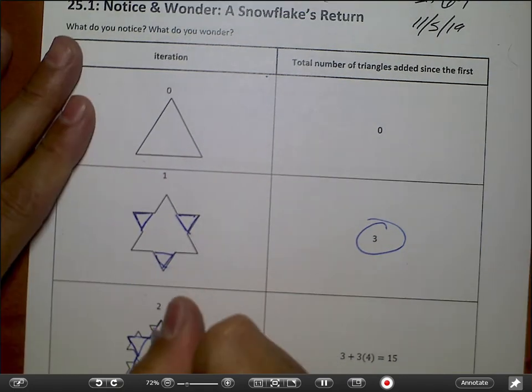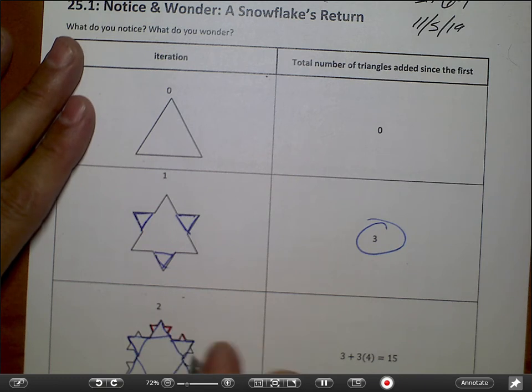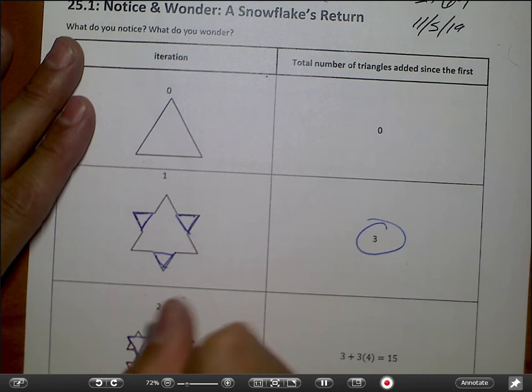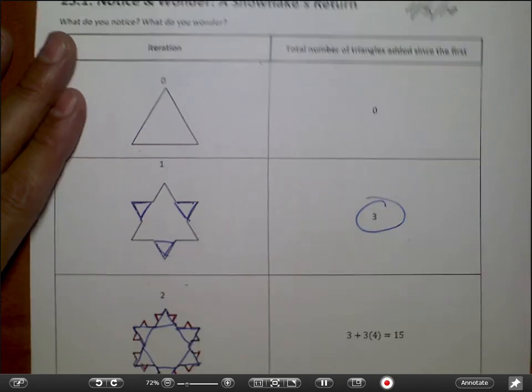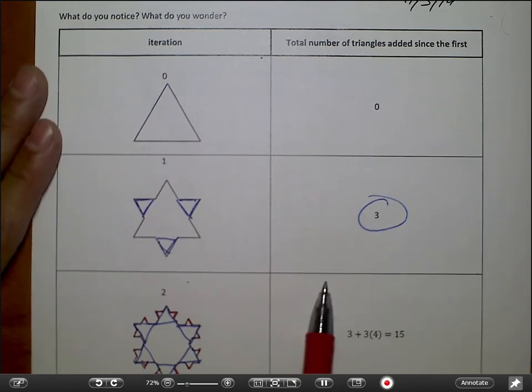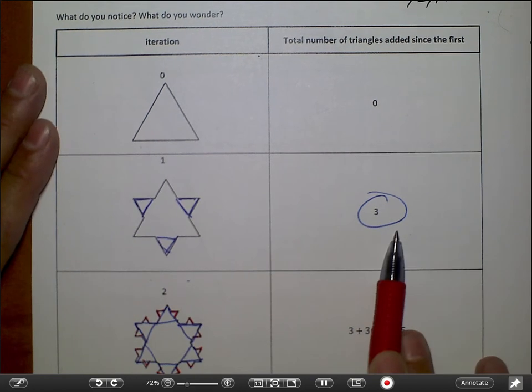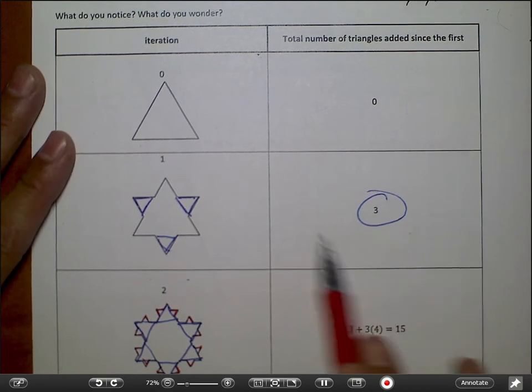So the first one has 3 total triangles added. I have 3 here.